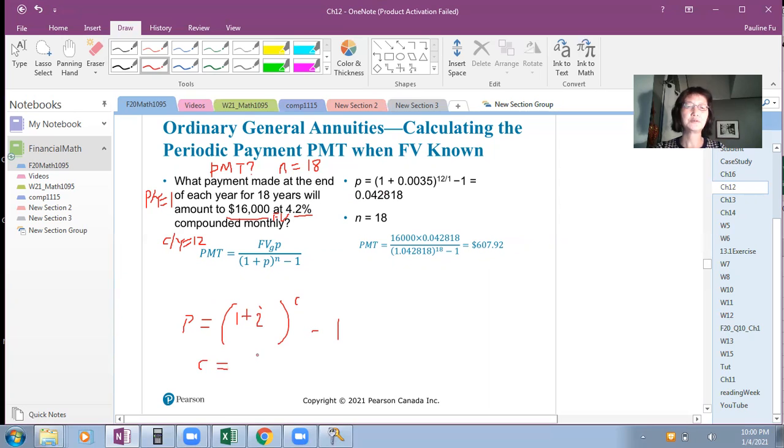C equal to CY divided by PY. CY equal to 12, PY equal to 1, so C equal to 12. And what is I? I equal to 4.2% compounded monthly divided by 12.